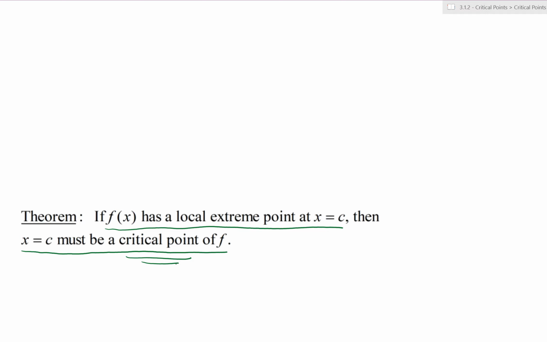However, if you have a critical point, you might have an extreme point. And in fact, the only locations at which a local extreme point can exist are going to be at these locations for which we have critical points. Now, we're not going to prove that theorem right here in this video, but hopefully the graphs from the prior examples help justify that this is true.